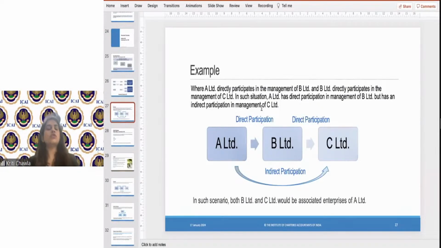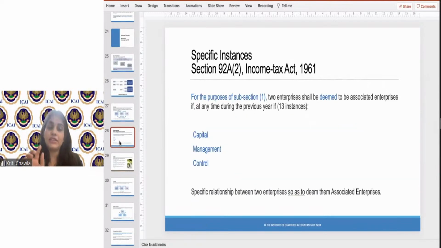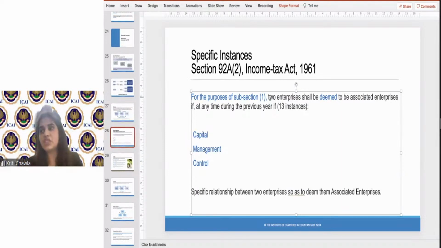Then, because this was not enough, there is section 92A2 also. And section 92A2, which is subsection 2, starts with: for the purposes of subsection 1, as in 92A. It says that two enterprises will be deemed to be associated enterprises if in any previous year there are these conditions which are listed there.